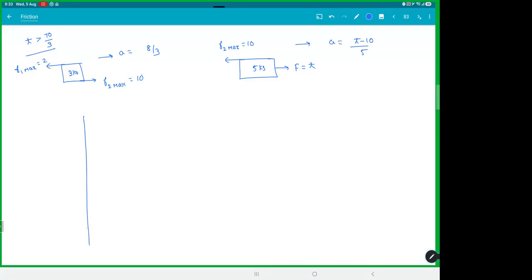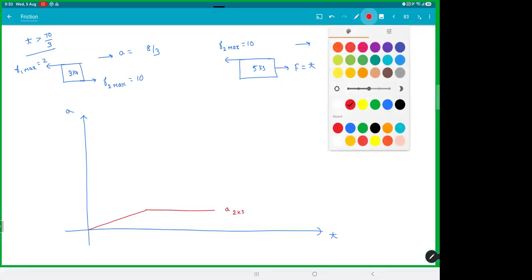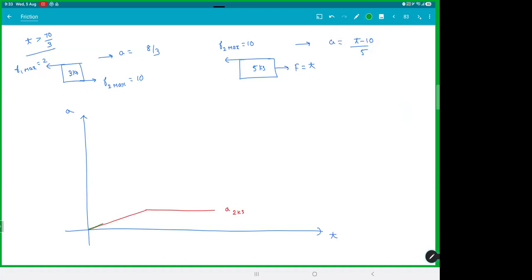Now if I try to plot a graph, for 10 seconds, everyone is going together. This becomes constant. This is the 2 kg block. Then they'll go together, and this is the 3 kg block.